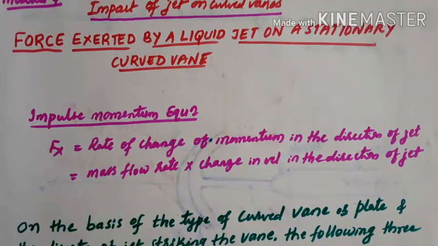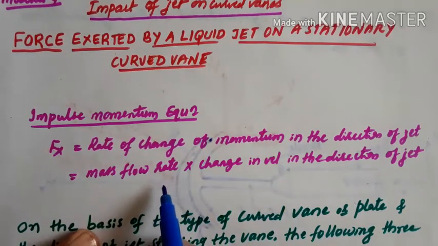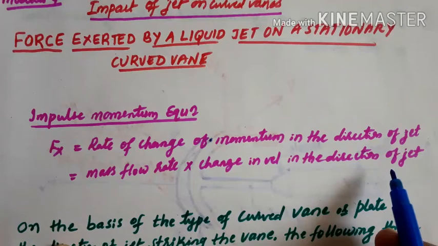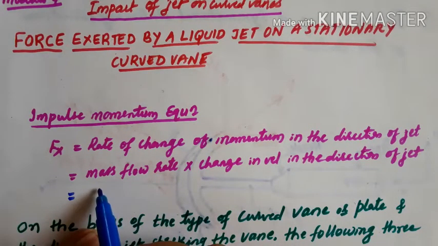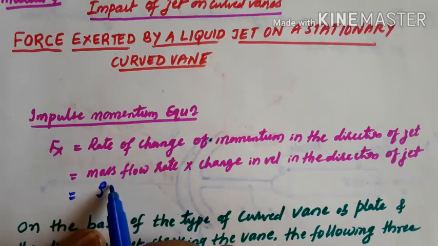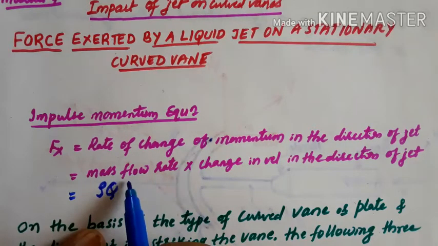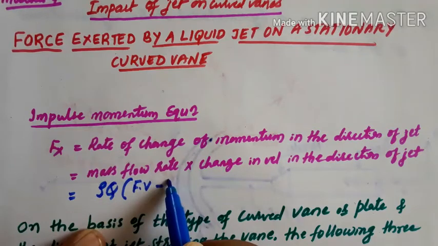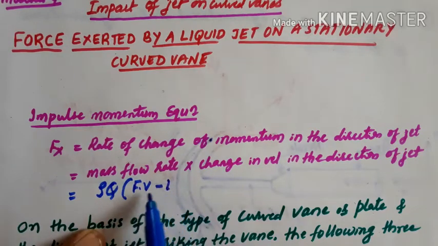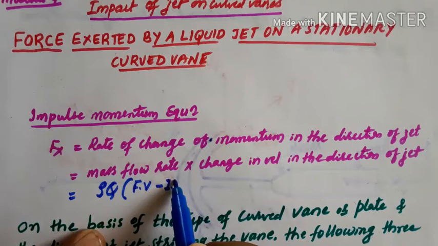So that is the impulse momentum equation: the rate of change of momentum in the direction of jet is given as mass flow rate into change in velocity in the direction of jet. As we already know, the mass flow rate can be written as rho Q, into the bracket final velocity minus initial velocity.